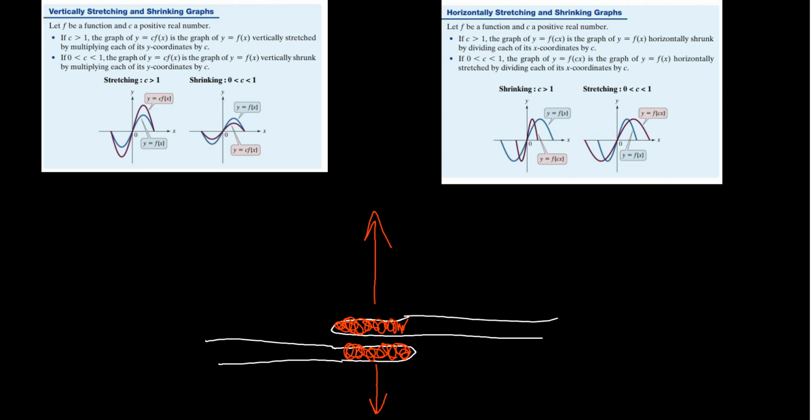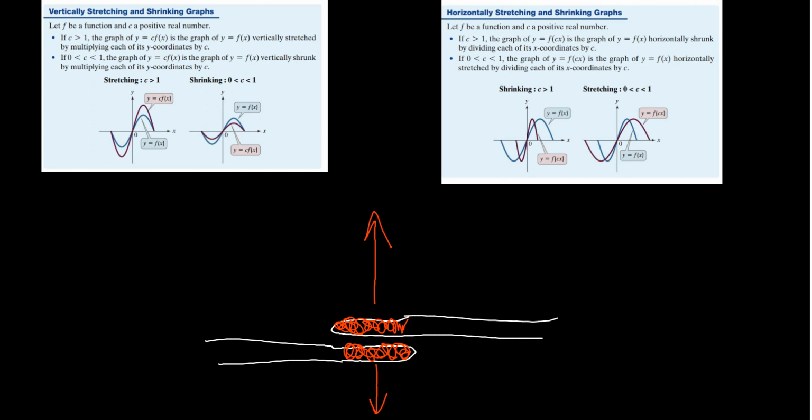I don't know if that concept really is driven home here, but the idea here is we're stretching. So this blue line is my parent function, and this red line is me multiplying my parent function by some value c greater than 1. So I'm stretching my graph.